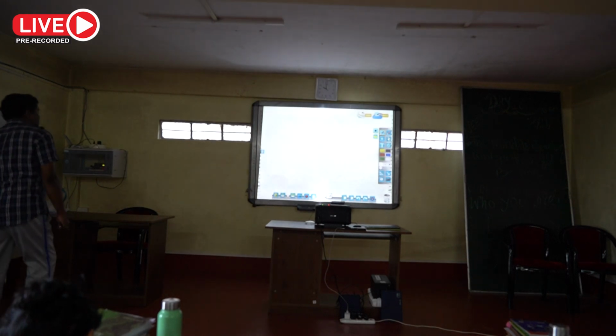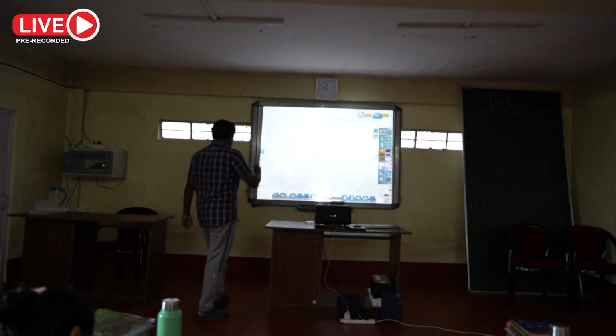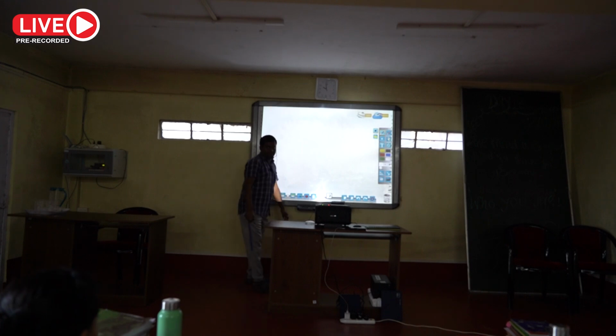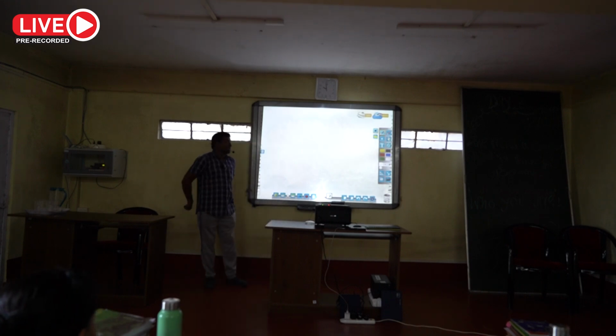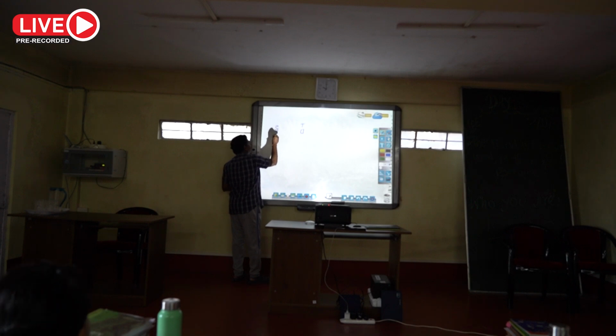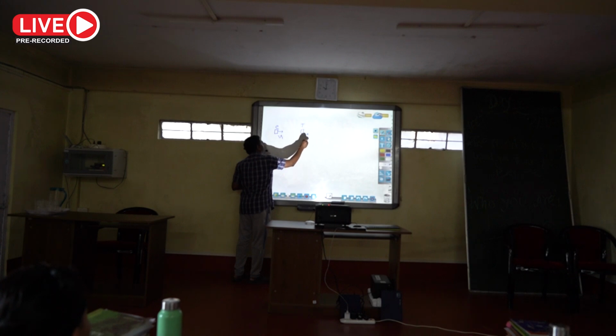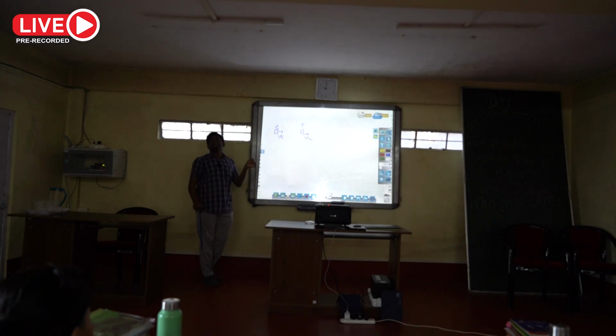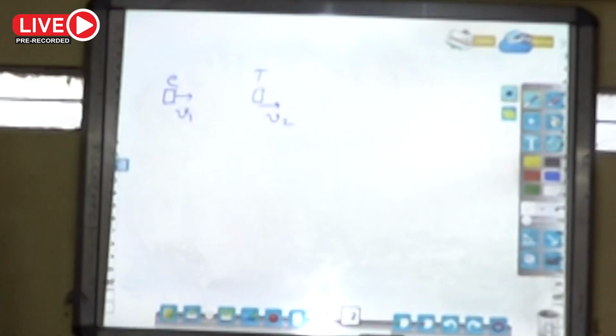See, there are two ways to solve this problem. First one is, let us consider this is the truck and this is the car. Car is moving with V1, truck is moving with V2. So what is the initial relative velocity?